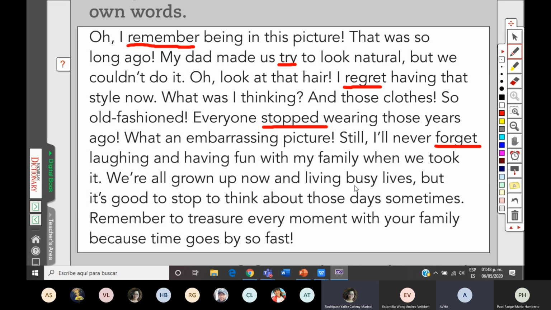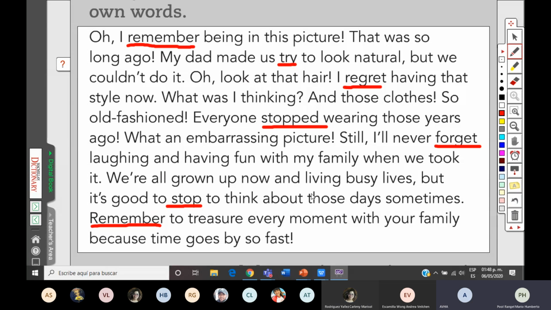Now, stop otra vez. Remember. Y creo que ya. Sí, creo que ya son todos. Bueno, vamos a leer y ahorita vamos a trabajar específicamente con esos verbos.